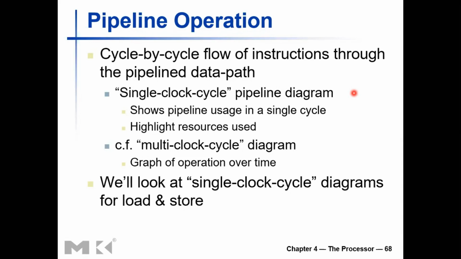So we are looking at the stages separately. We are looking at one stage, and the next stage separately. So we separate the data path into stages and look at how the hardware is used in that clock cycle. That is a single clock cycle pipeline diagram.